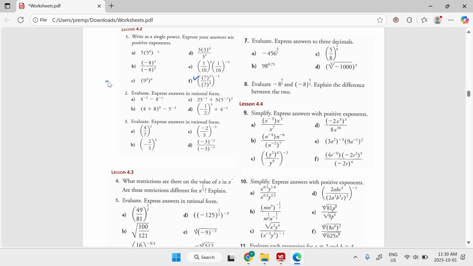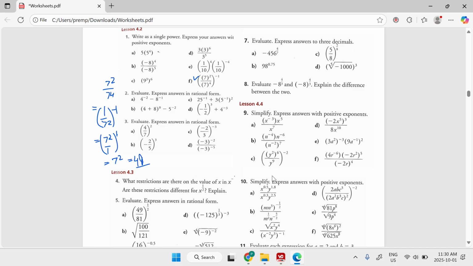This will become 7 power 2 divided by 7 power 4, and when you do this whole thing, it will become 1 over 7 power 2. Now we have the outside power as negative 1. So what we can do is flip the inner number and make the power positive. So it will become 7 power 2, and if you apply the power of a power rule, it becomes 7 power 2 power 1, which is just 7 power 2. That means your answer is 49.